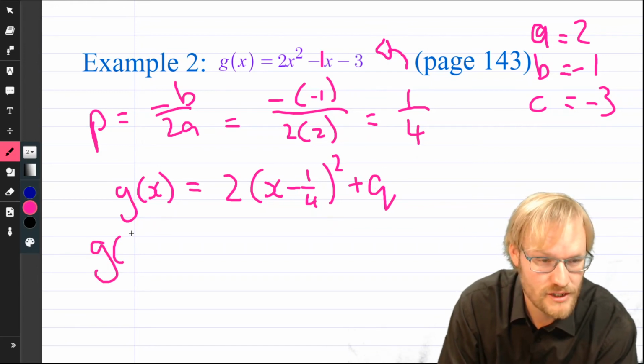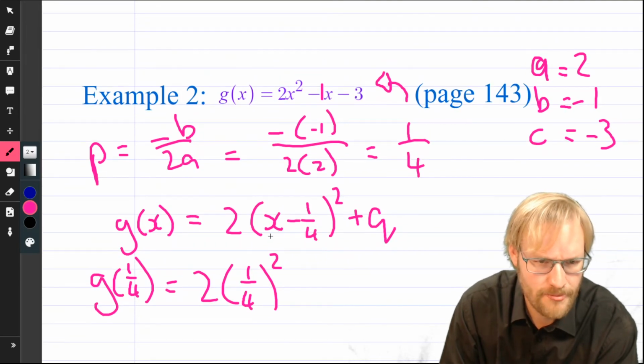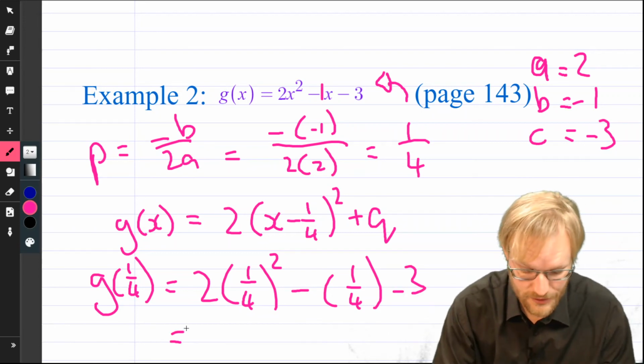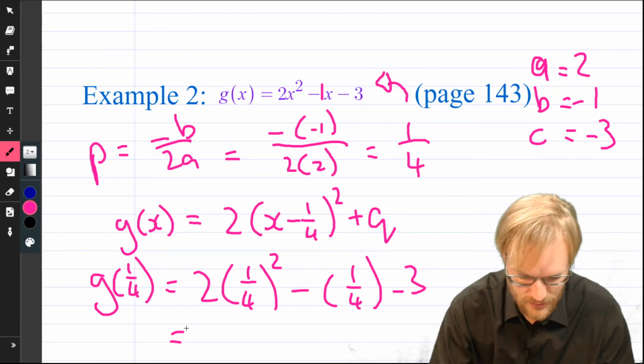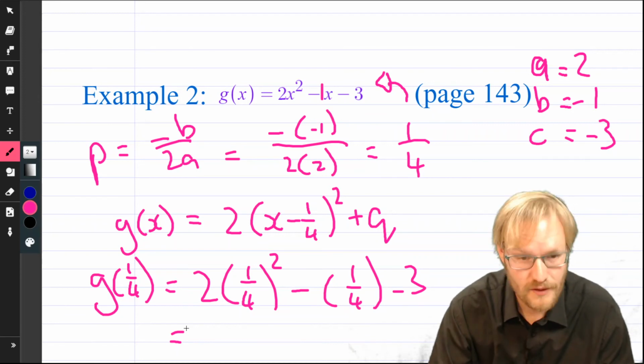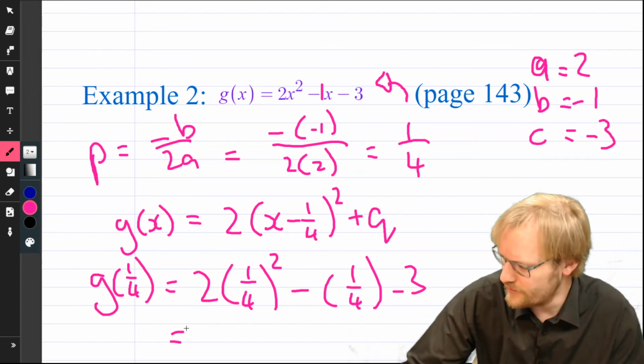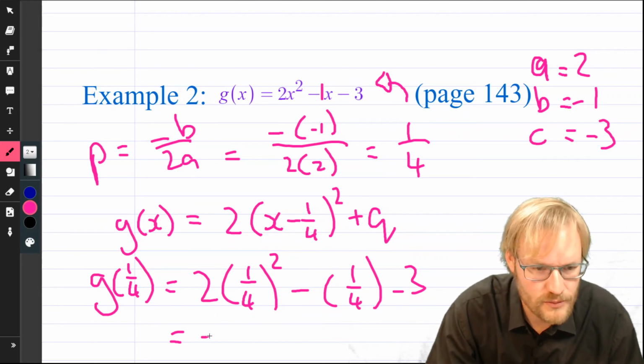So g of a quarter equals this equation, 2 times a quarter squared, minus, substitute a quarter in, a quarter, minus 3. Definitely calculator for this one. I get minus 25 over 8.